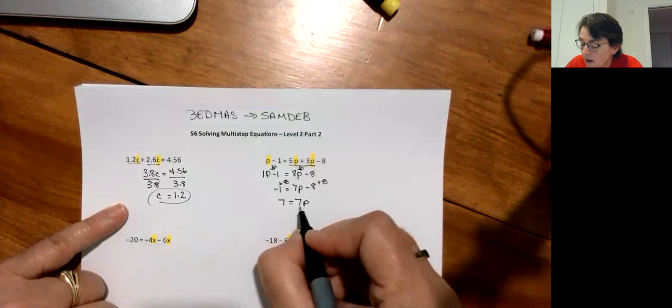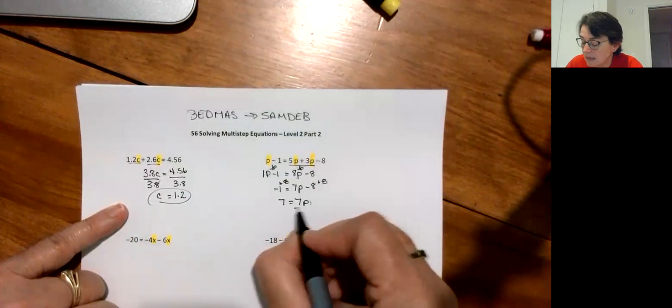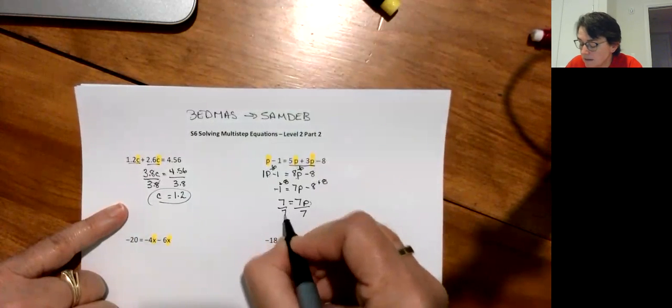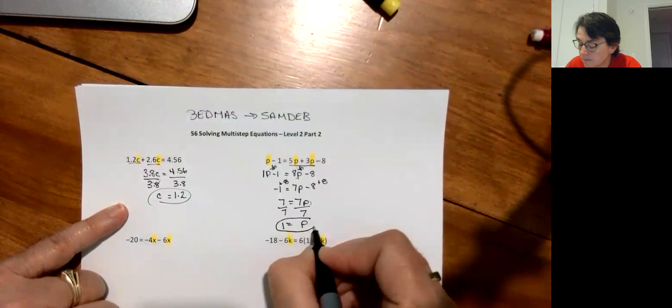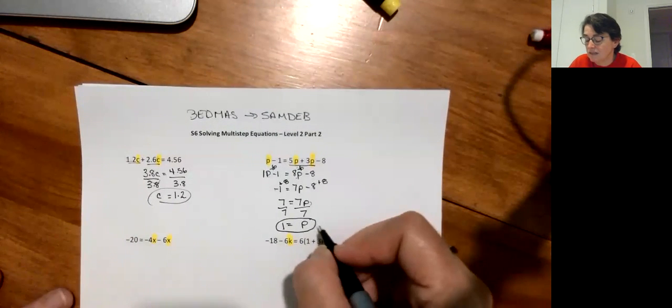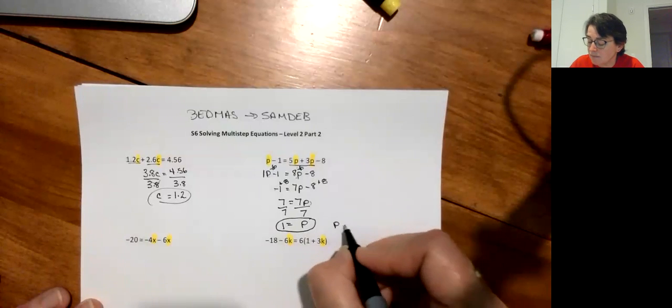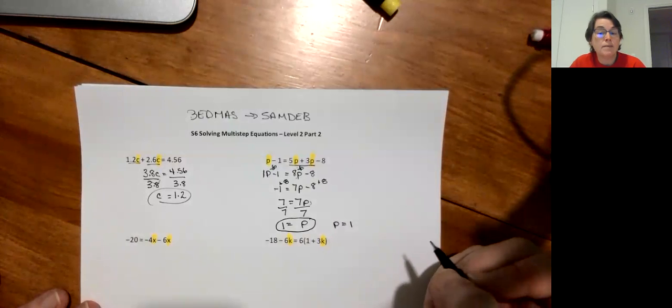So all my variables here, all my numbers are there. Last step, divide by 7 on both sides. So p is equal to 1. And don't feel the need to put the p on the other side. It's fine. This is exactly the same as that. That's like Joanne is my name. My name is Joanne. Same.